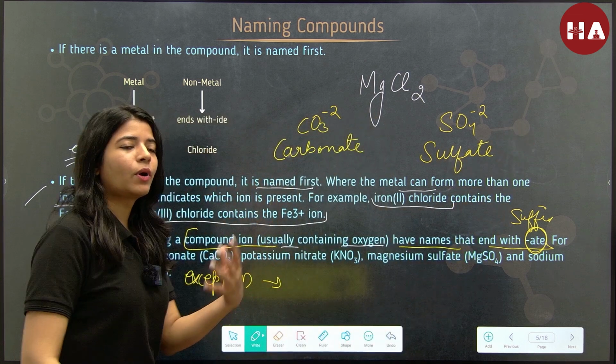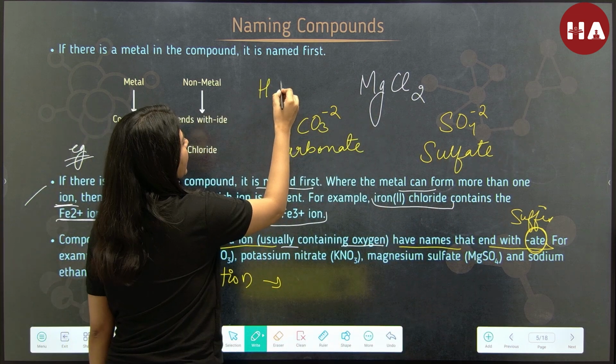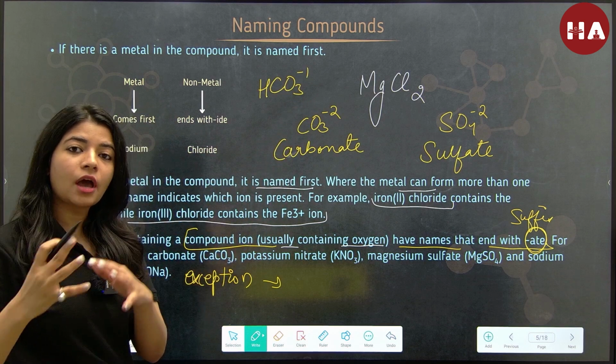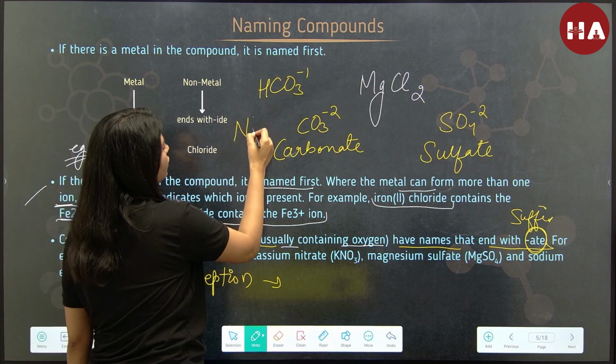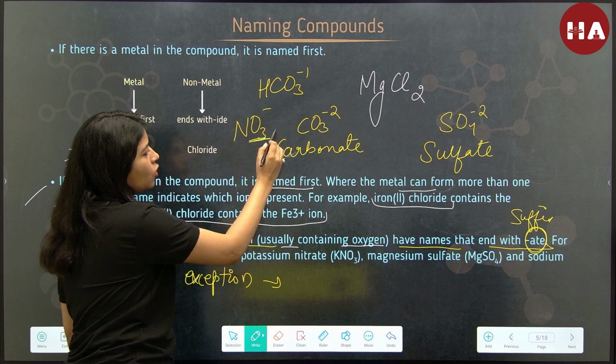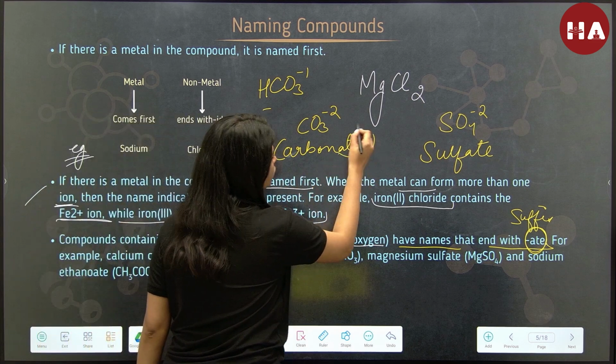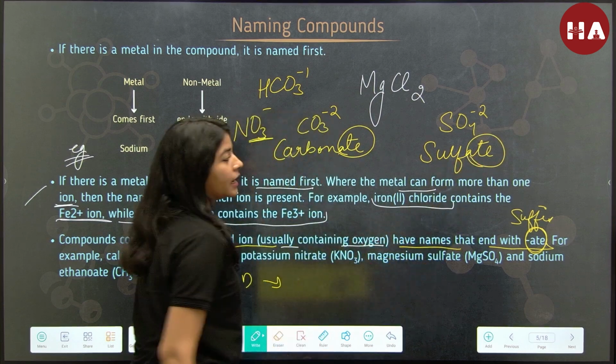Then another one, let's say HCO3 minus, this is known as hydrogen carbonate. Then another one, NO3 minus, also contains oxygen, so I will call it nitrate.